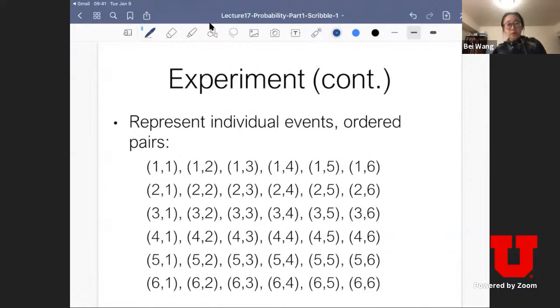The third way is to use an ordered pair. If you have the representation 1, 2, it means the first die has a number of 1 and the second die has a number of 2. That's different from the event 2, 1, where the first die is 2 and the second die is 1. If you look at all possible events where order does matter, you have a total of 6 times 6, which is 36 possible outcomes.